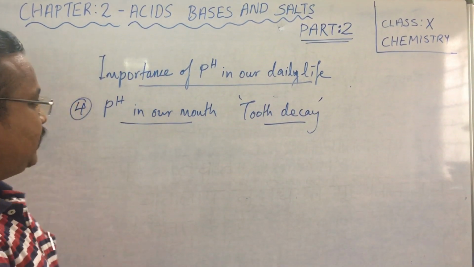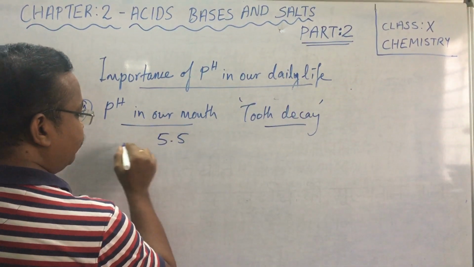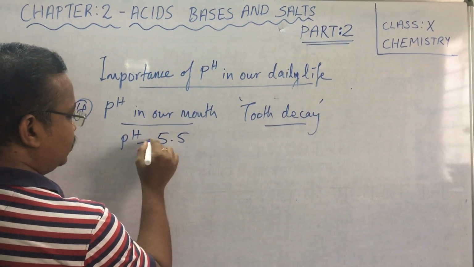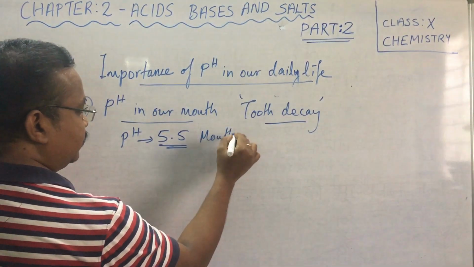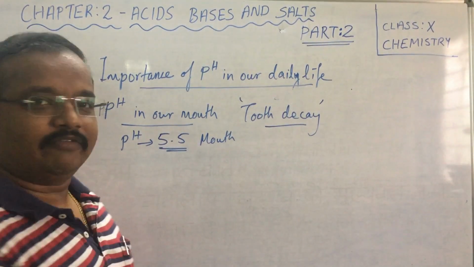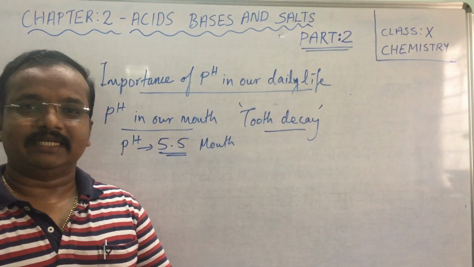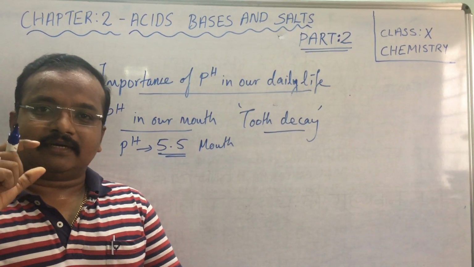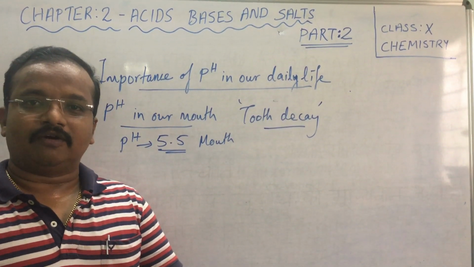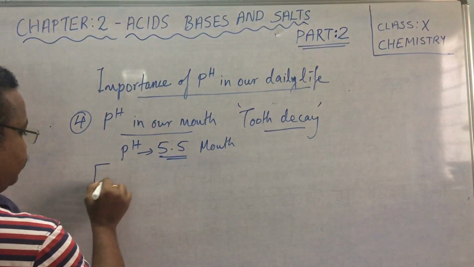If the pH in our mouth goes less than 5.5, then we say that our mouth becomes acidic in nature. Because of that, there is a hard substance present in our teeth, that is enamel.